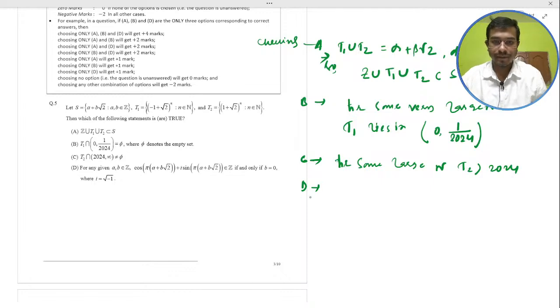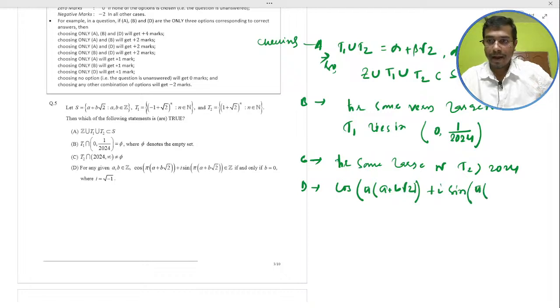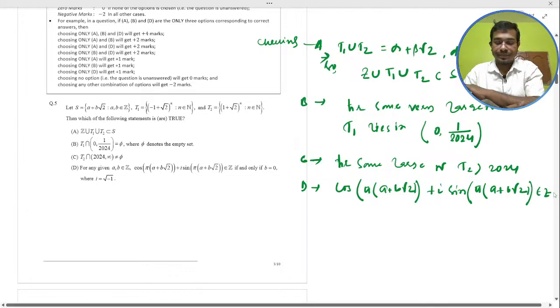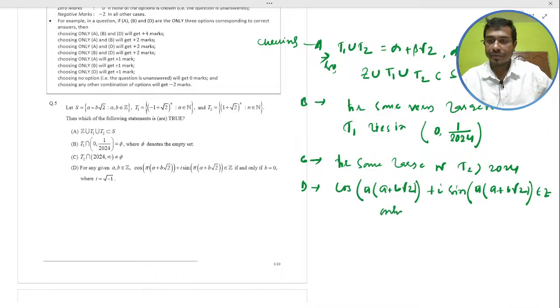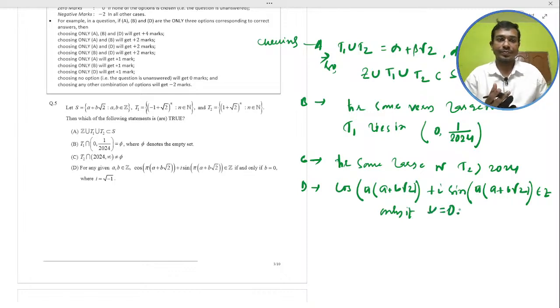Now check option D. Cosine of pi times a plus b root 2 plus i sine of pi times a plus b root 2 belongs to Z only if b equal to 0.